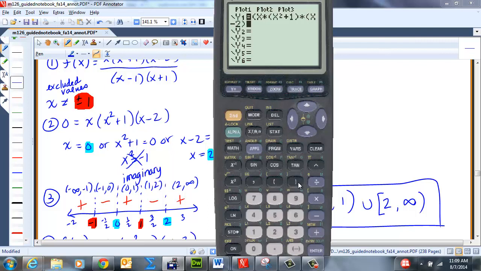So I end the parenthesis on the x minus 2 and then end the parenthesis on the numerator, then divided by, open parenthesis on denominator, and now open parenthesis on x minus 1, and we'll do x plus 1. All right.